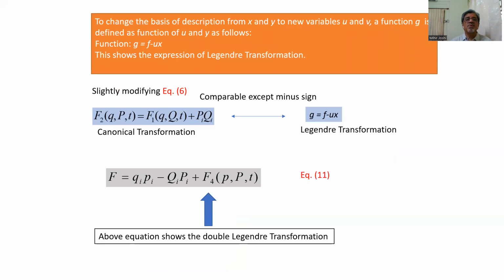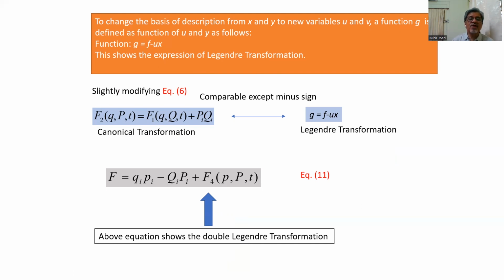To change the basis of description from x, y to the new variables u and v, a function g is defined as g equals f minus ux. And this shows the expression of the Legendre transformation, which is common in mathematics.